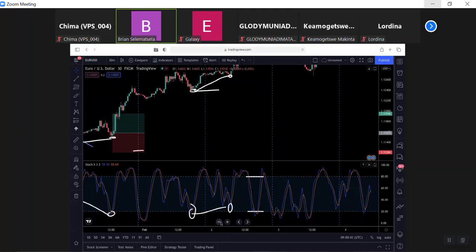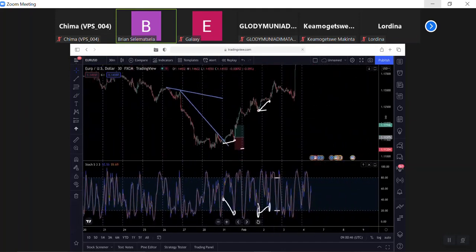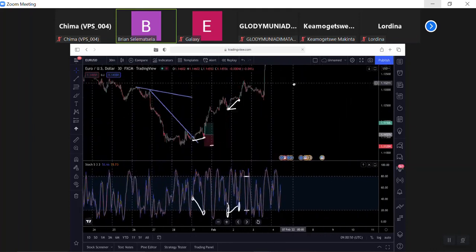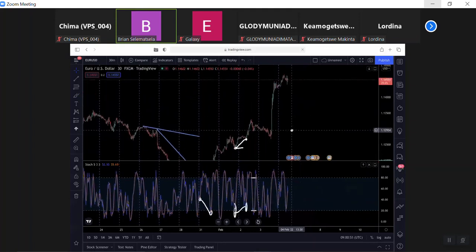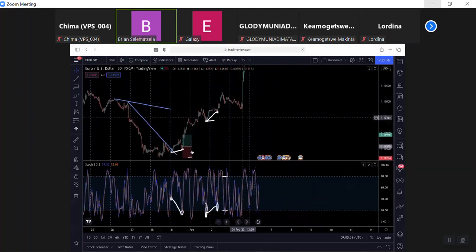If you would have executed the buy to where the market is right now, you would have made some very good money with just this movement. From there to there is too much money.